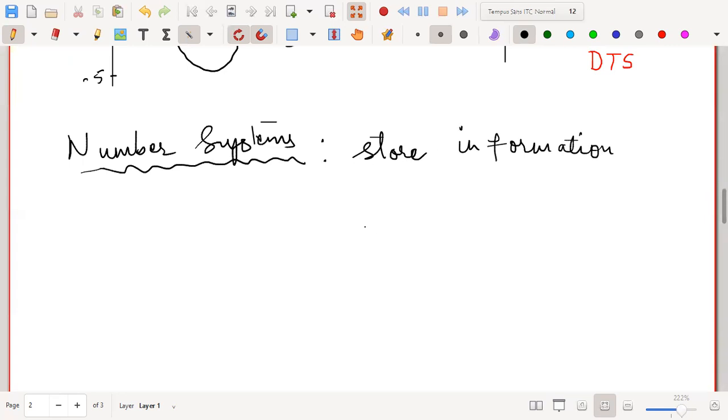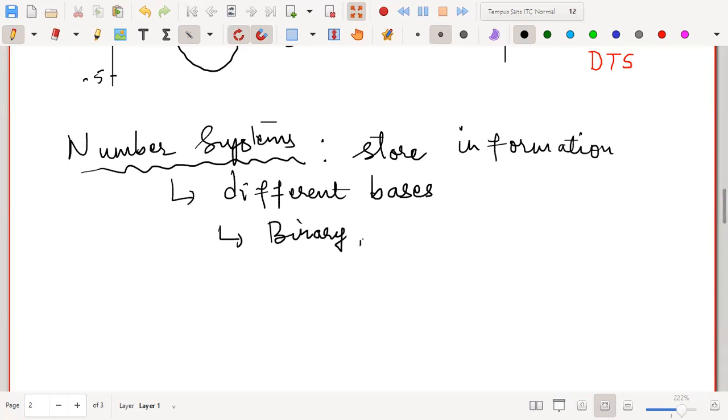These number systems have different bases, and some of the most commonly used number systems are the binary number system, then the octal number system, then the decimal number system, then the hexadecimal number system.